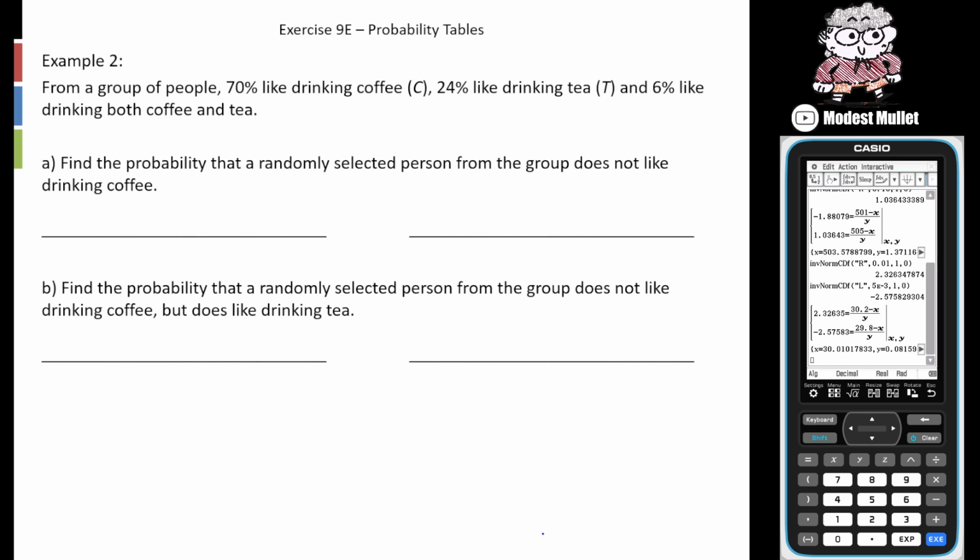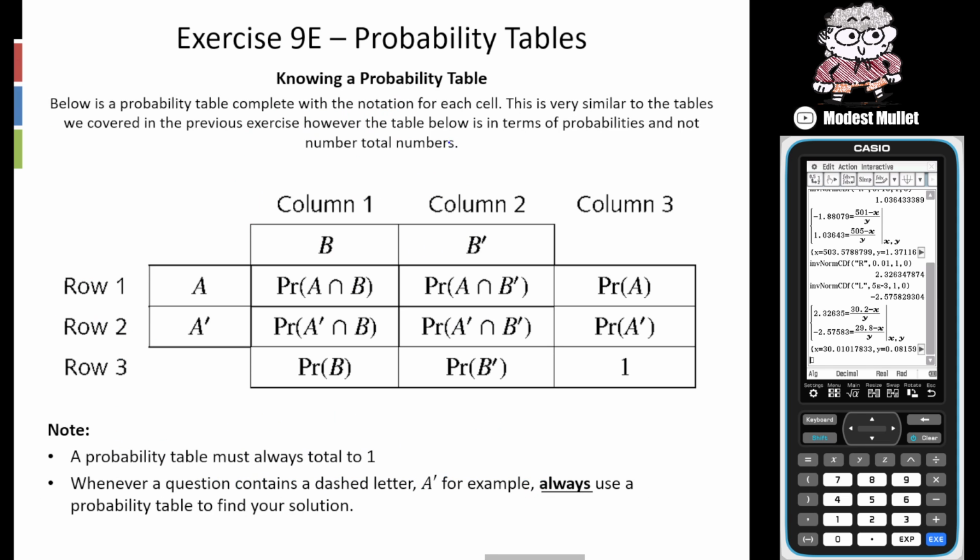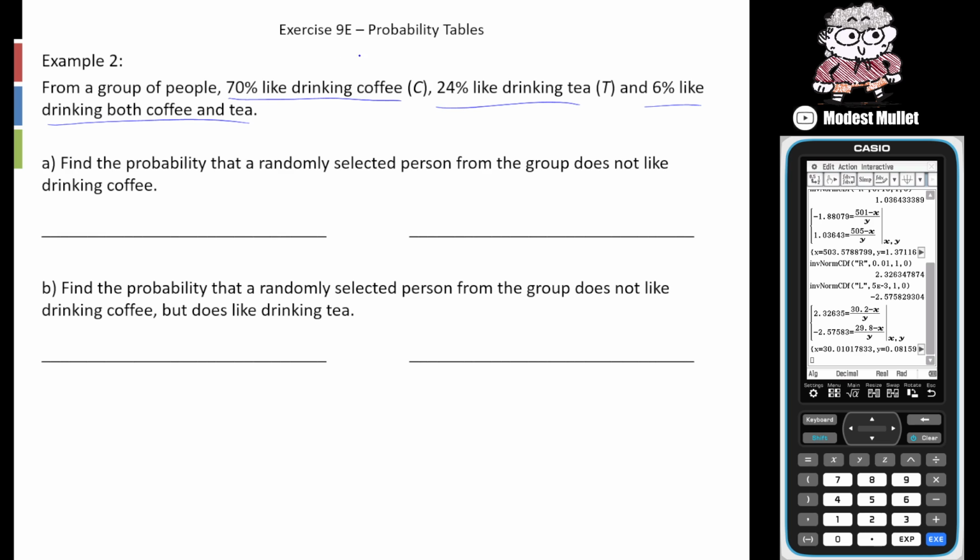Let's do another one here. And I think that's it for this exercise. Yeah, so nice, short and sweet. From a group of people, 70% like drinking coffee, 24% like drinking tea, and 6% like drinking both coffee and tea. Now, if you haven't watched the previous video on the importance of these type of statements and the confusion between Common English and probability statements, I suggest going and watching the last 5 minutes of the previous video.